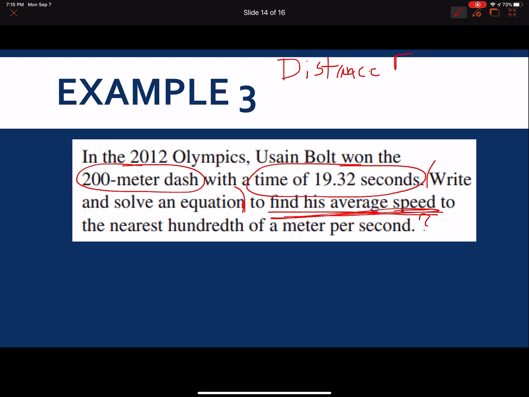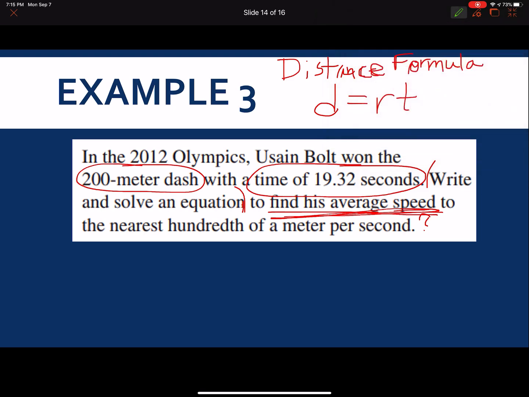Now we have a formula in math called the distance formula, and you will also use this in science as well. So in the distance formula, we know that D equals R times T. Now in this situation, D is our distance, R is our rate or speed, and T is our time.